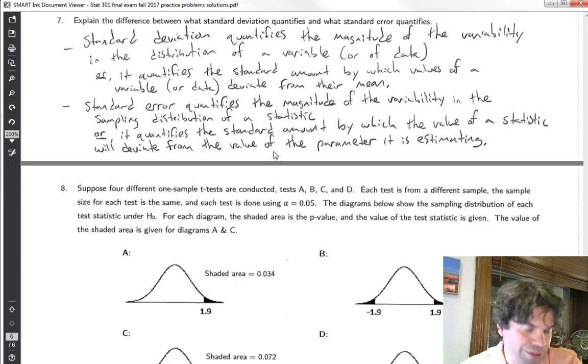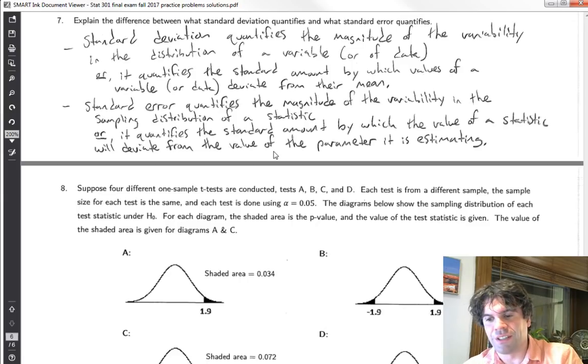If you were to keep taking new random samples from the same population over and over again, you compute the same statistic for every sample. The sampling distribution is the distribution of values that that statistic takes on, and so the standard error is just the standard deviation of the sampling distribution. So standard deviation is for the distribution of a variable. Standard error is the standard deviation of the distribution of a statistic, which we call a sampling distribution.